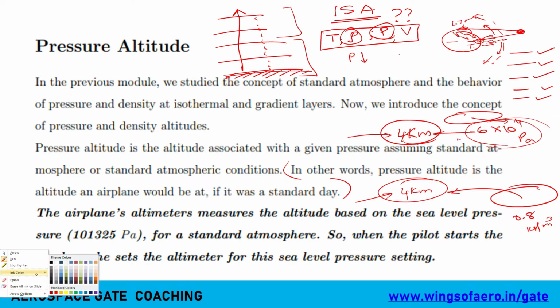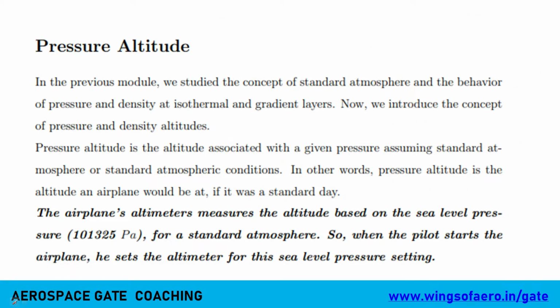Now in a data chart, if you observe, they have some particular range. For an example, if you see 0, 1, 2, 3, 4, 5, likewise they have some altitude and corresponding temperature, some pressure, some density.